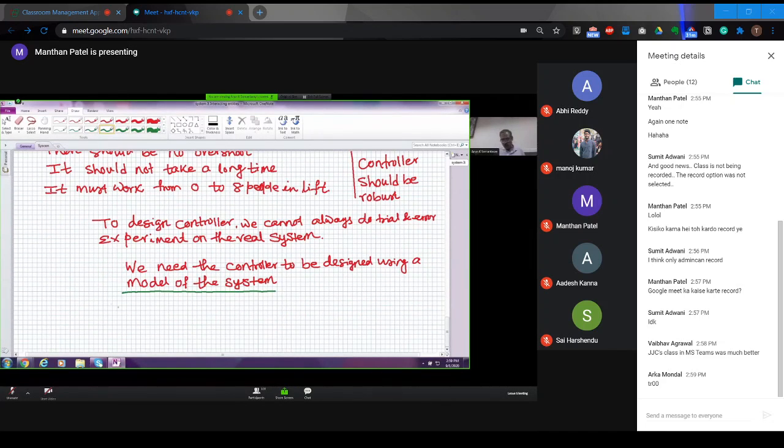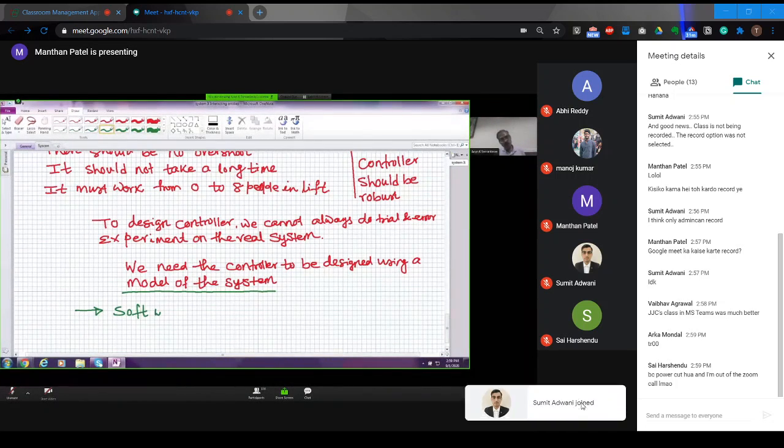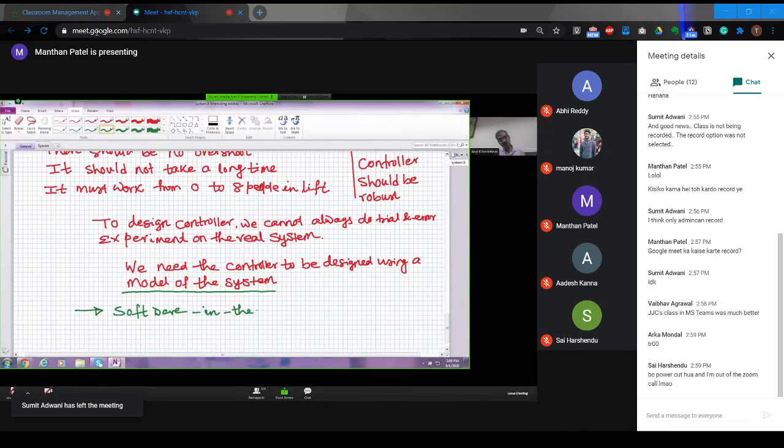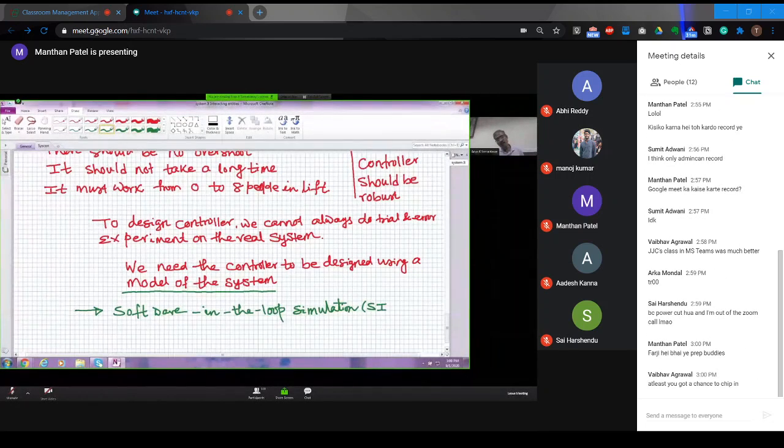So the levels of controller development can be classified as software in the loop simulation, or SILS.